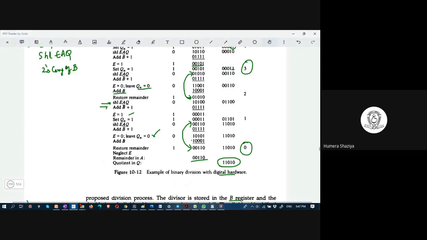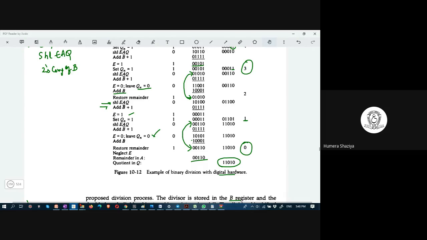And this is the last cycle. Qn receives 1 in this first, and then perform left shift and subtraction. After that, whatever value you obtain, that is smaller than B, the divisor.